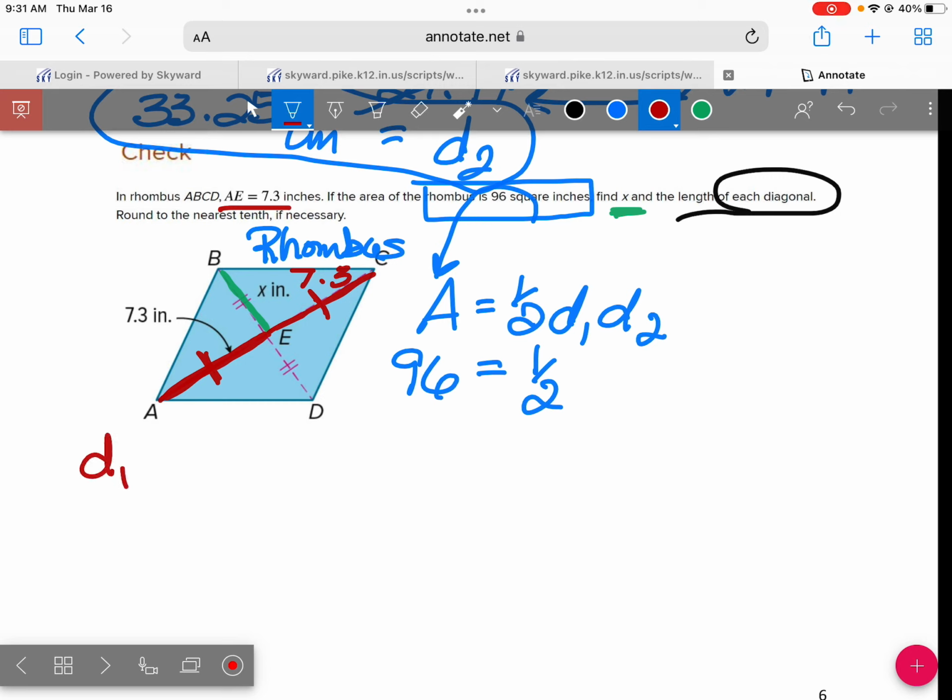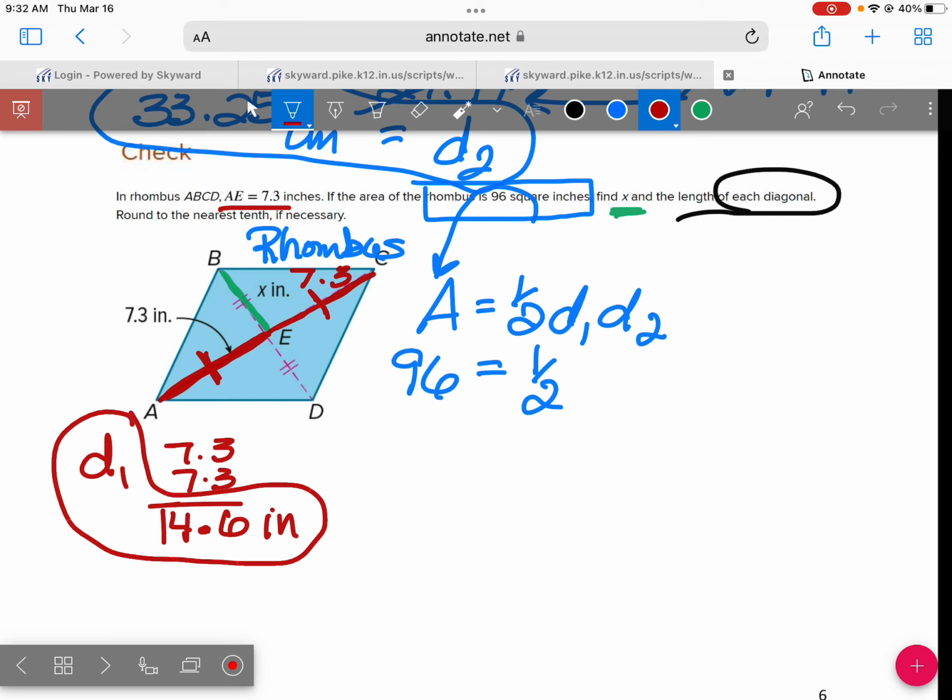So diagonal 1 is 7.3 plus 7.3, which is 14.6 inches. So everybody see how I got that? We just double it. So diagonal 1, I'm substituting in 14.6.